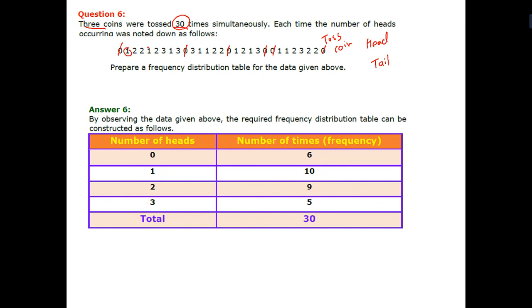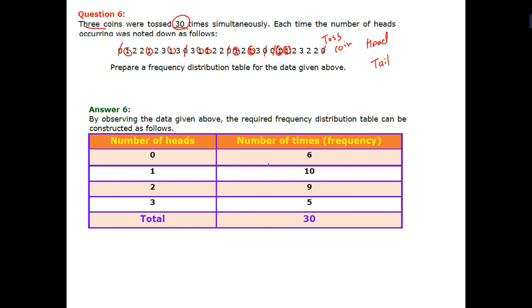So 1, 2, 3, 4, 5, 6, 7, 8 and 9. Again 1, 2, 3, 4, 5, 6, 7, 8 and 9. So total we have to make it 30.